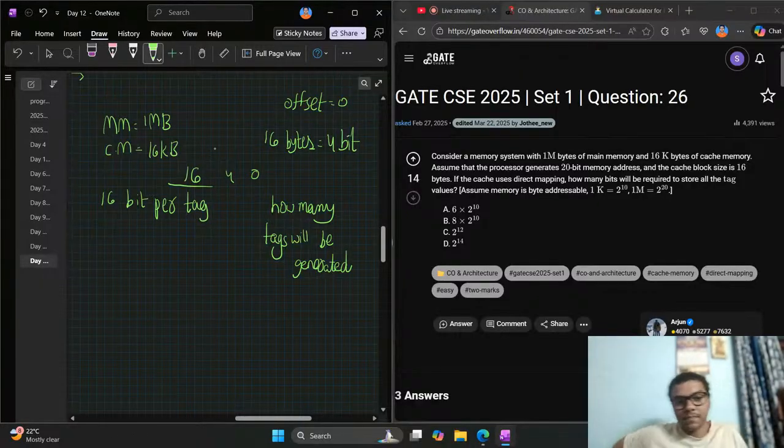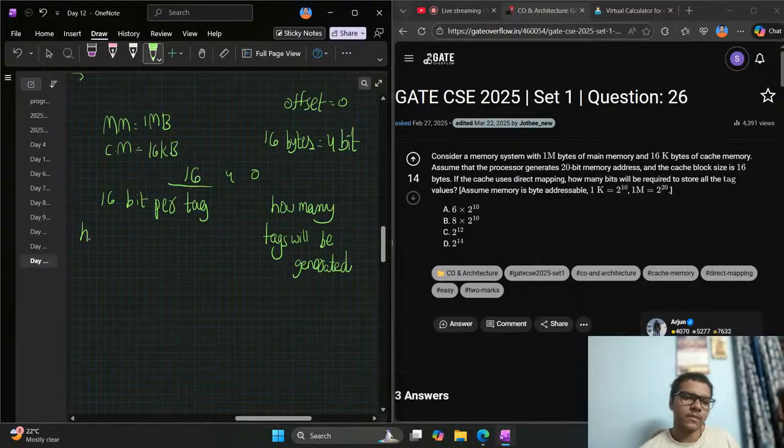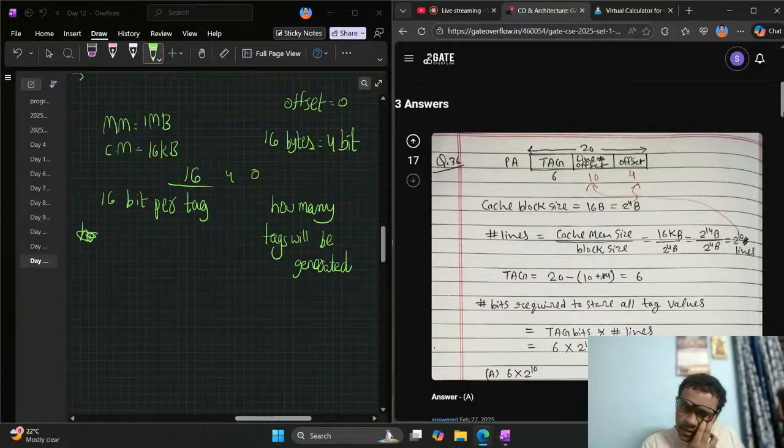Oh god. 1 million bytes of main memory, 1 megabyte. 16 kilobytes of cache memory. Okay. 20-bit memory address, and the cache block size. How many of these will be generated? Okay, we need to know that one. Yeah, we got that.